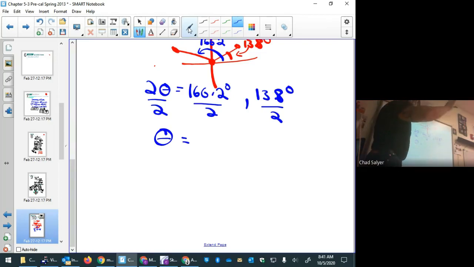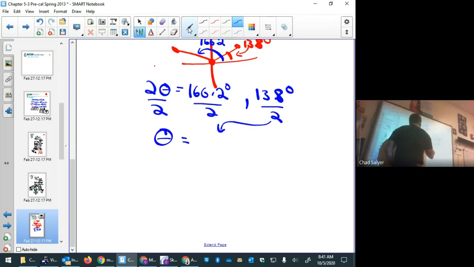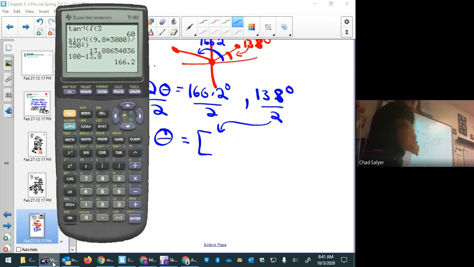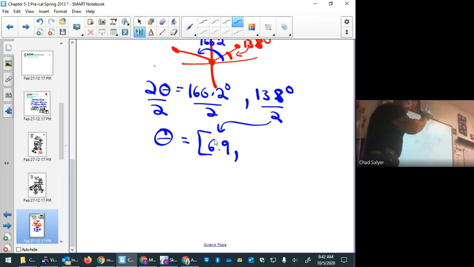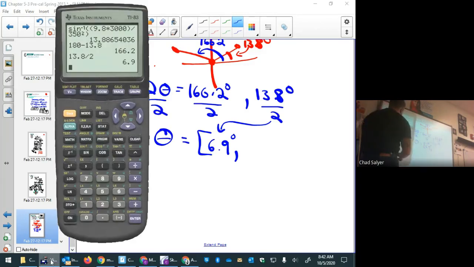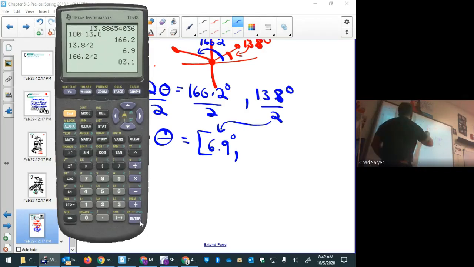Typically we do ascending, in other words, the least first, so we'll write it like that. This is including this bound, because the bound is a solution. So 13.8 divided by 2 is 6.9 degrees. Don't forget that bit. And then 166.2 divided by 2 is 83.1 degrees.